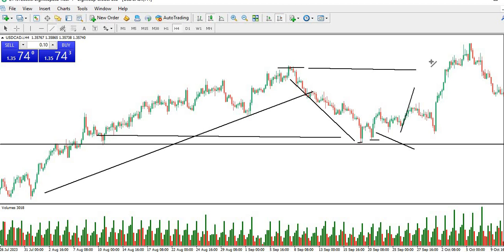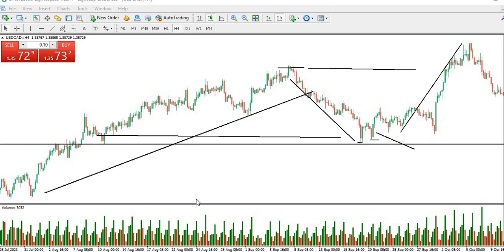It is quite obvious what happened after the formation of this pattern. So this is how we are going to trade the double top pattern at the bottom of a reversal of a downtrend, and this is how we are going to trade the double bottom pattern in the trending market or in an uptrend.